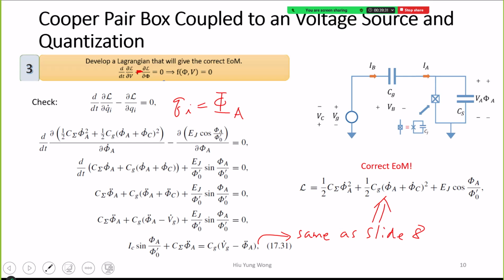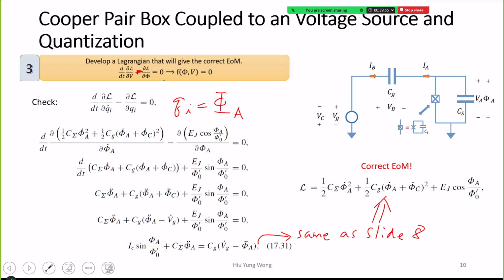Any other problem here? So it looks like we have not done anything. We only verified that we guessed the right Lagrangian. But that is easy for this simple circuit. Maybe you are super confident, you don't have time, just guess it directly. Probably you are correct, right?